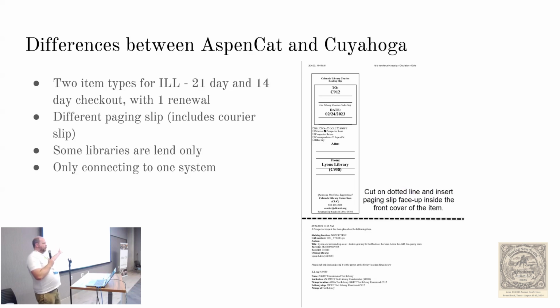Adding this additional work of filling these holes wasn't good for anybody because they were getting overloaded, and stuff, instead of getting filled by another library faster, was waiting until the next time they could make that run. And they can't just increase the amount of times they drive an hour away. That's not going to work. They can only do it when they can do it, and they aim for weekly. So we just decided, let's just make it easy and we'll just drop their lending from there. And then I mentioned again, we only have one system, which is good. So one ILL system makes it a lot easier.